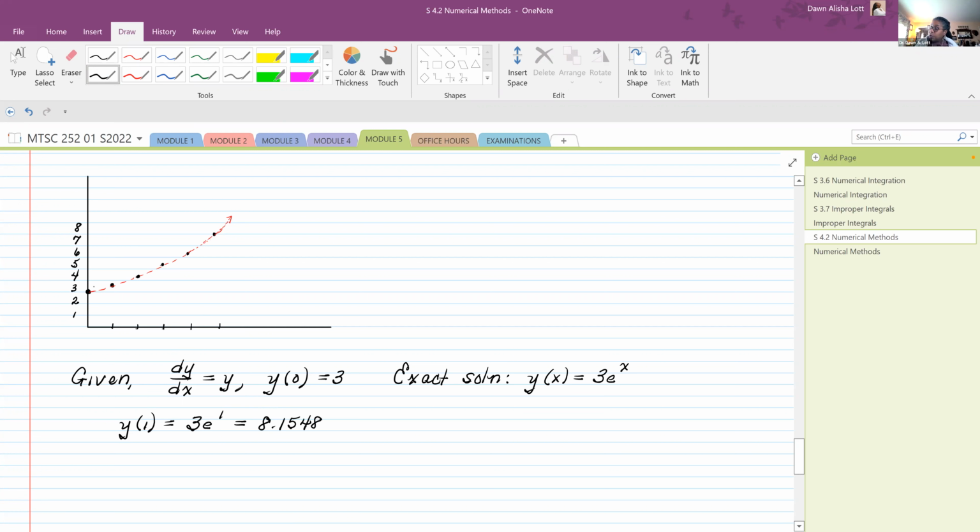So the true solution actually climbs much faster. So actually the true value is up here. So this is error.